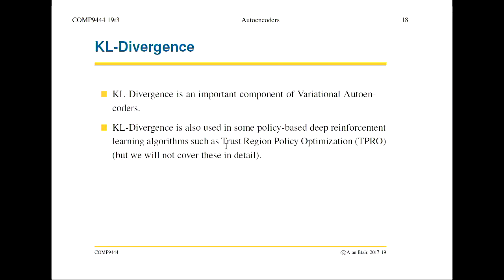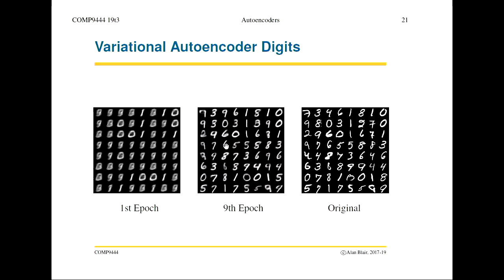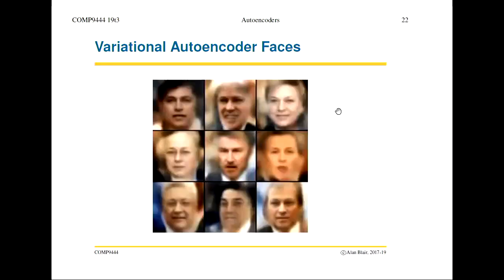Okay, so next week I'll talk mainly about generative adversarial networks. This is a way that sort of does the same kind of job as a variational autoencoder, but it produces better images.